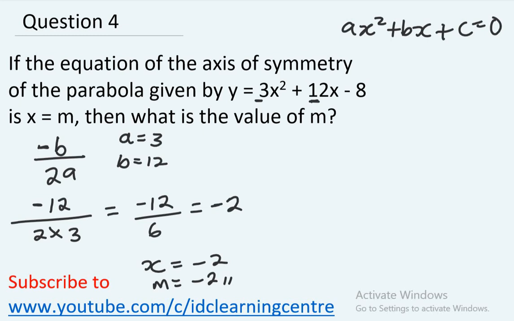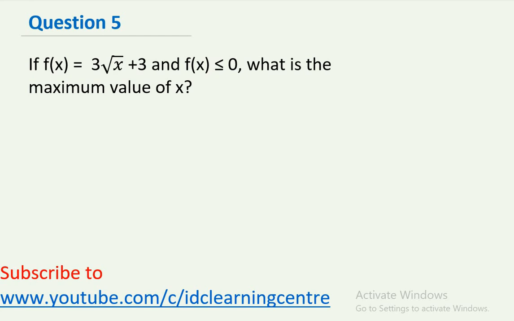Alright, so to question number 5. This question says, if f of x equal to 3 root x plus 3 and f of x is less than or equal to 0, what is the maximum value of x?